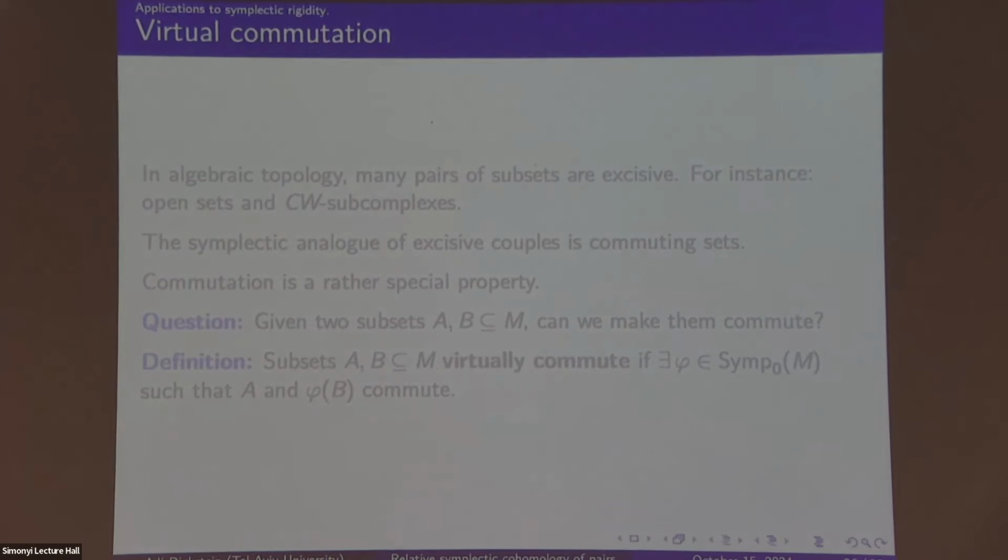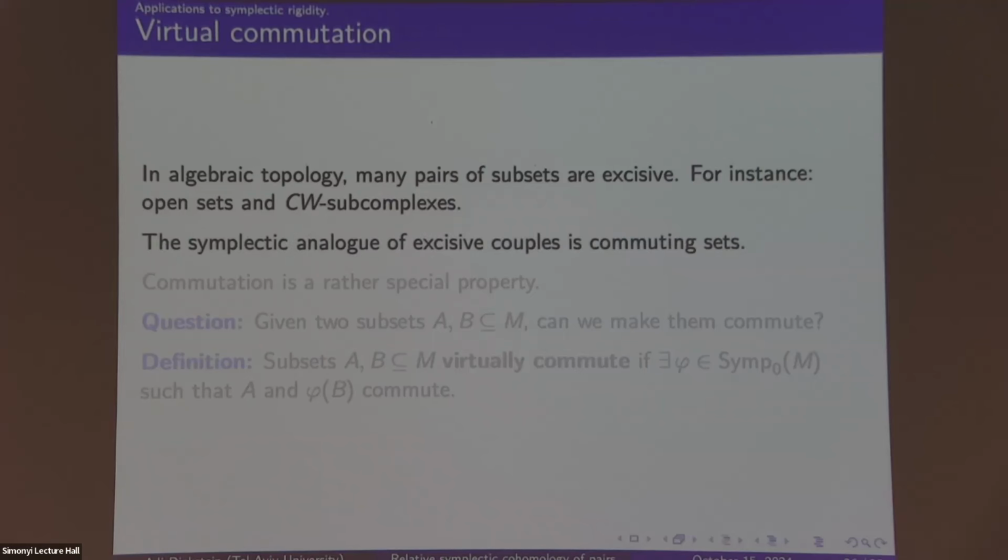And actually, the last topic for this talk is what's called virtual commuting. In algebraic topology, we have many examples of excisive couples, for instance open sets, or CW subcomplexes of a CW complex. But in the symplectic case, this is not the situation if we consider the analog of an excisive couple, which is commuting sets.